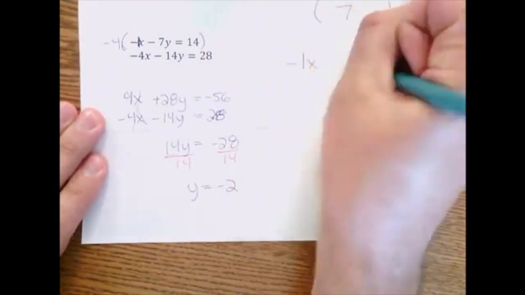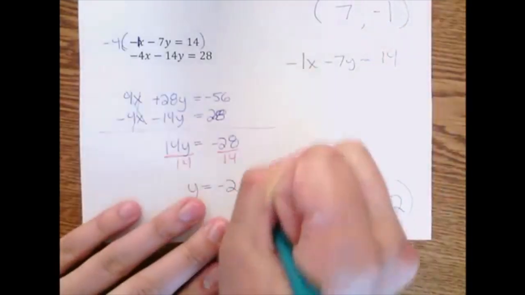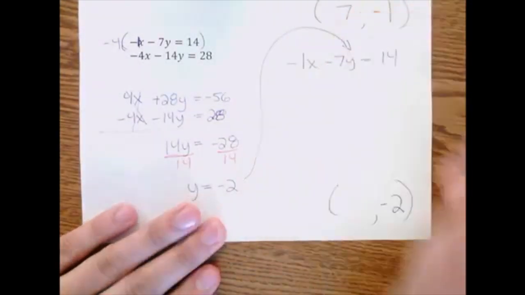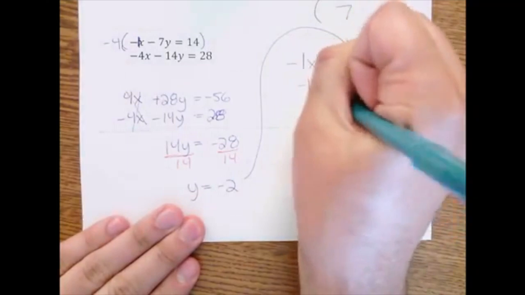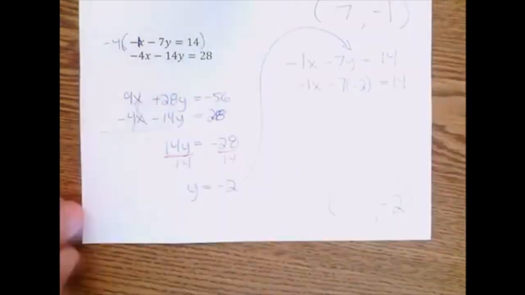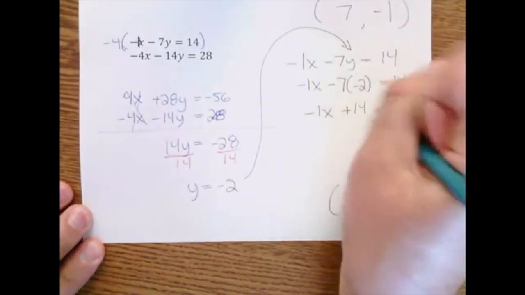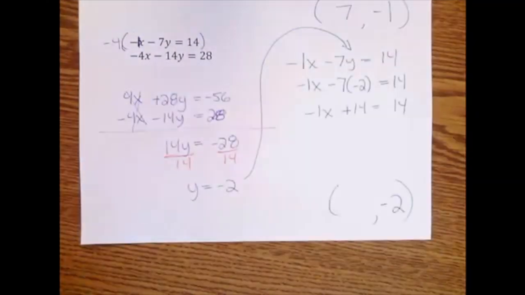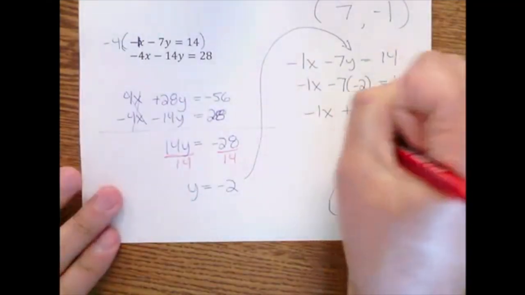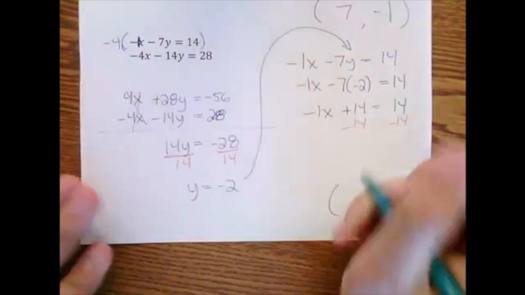I'm just going to use that top equation, negative 1x minus 7y equals 14. Take y equals negative 2 and plug it in. So I have negative 1x minus 7 times negative 2 equals 14. So negative 1x plus 14 equals 14. Solving for x, you would subtract the 14 over to the opposite side.